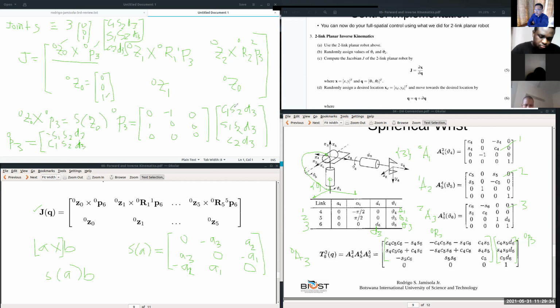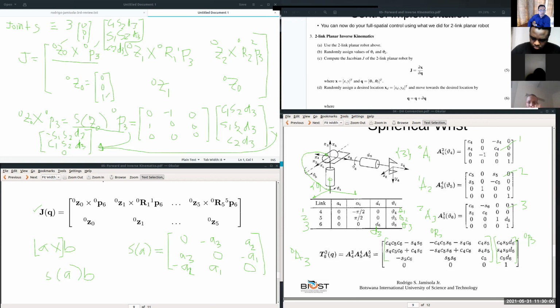The next is 0, 0, 0, there's nothing, so 0. Sorry, this is not 0P3, but the result of this multiplication. I should erase that.